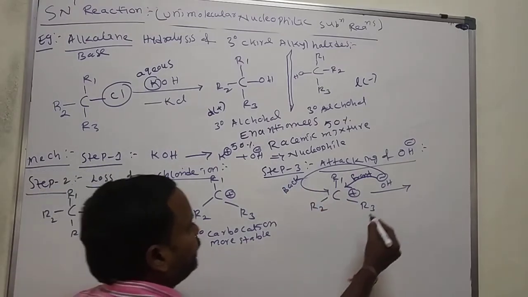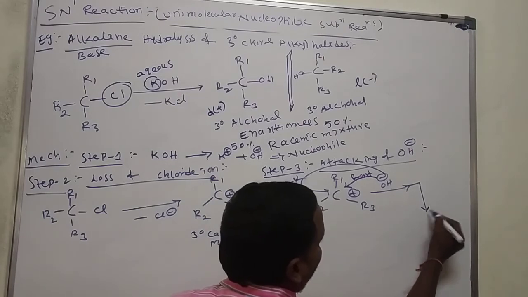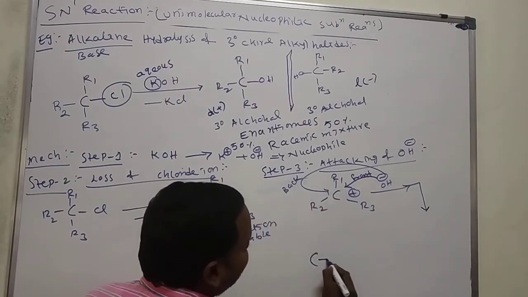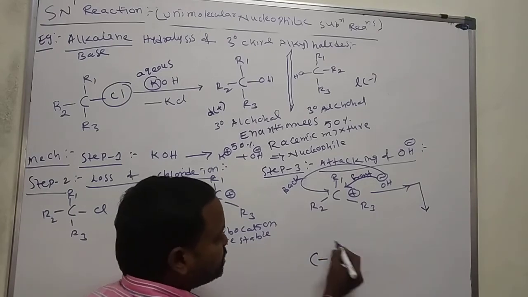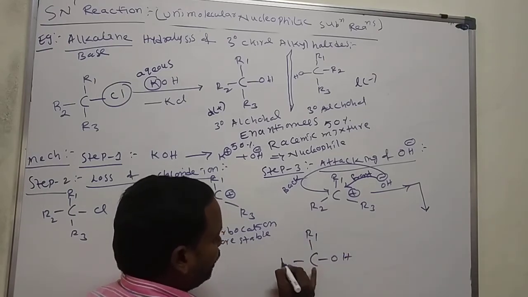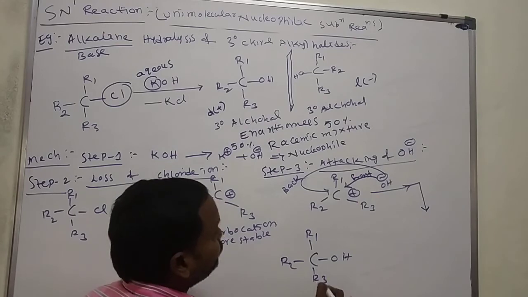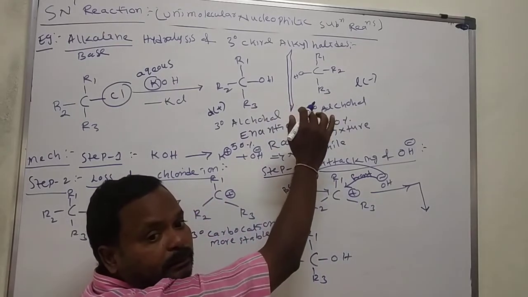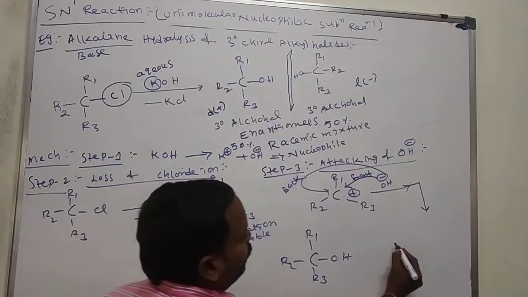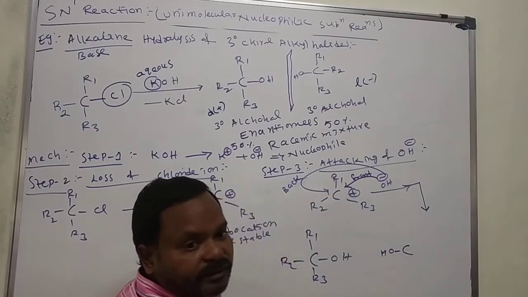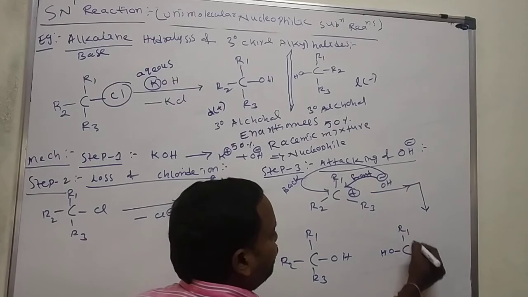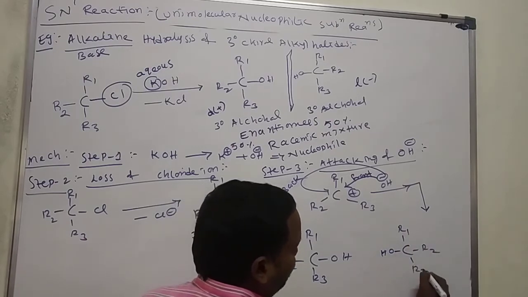What do we get by the attack from the front side and the back side? First, if it attacks from the front side, the OH group is attached to the right side of the carbon. We get this. If it attacks from the back side, we get carbon with OH and R1, R2, R3.